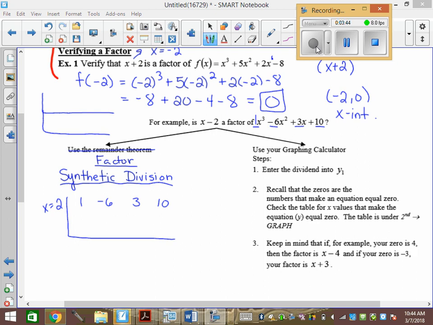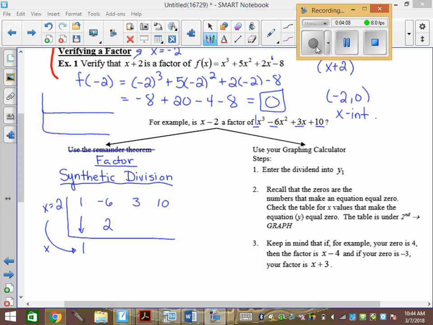So drop down the 1. First step. Do what I do. Drop down the 1. Then you multiply. 2 times 1 is 2.